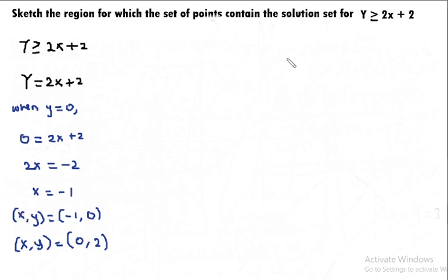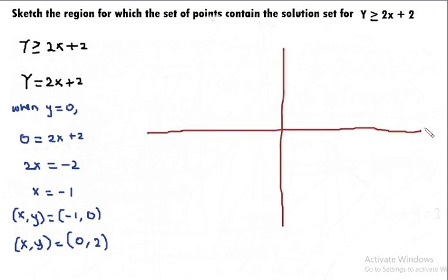This is our good old Cartesian plane, the x and the y-axis. Let's say this is the y-axis, this is the x-axis. So the point where we have minus 1 for x and 0 for y is around here. So we say this point is minus 1, 0.